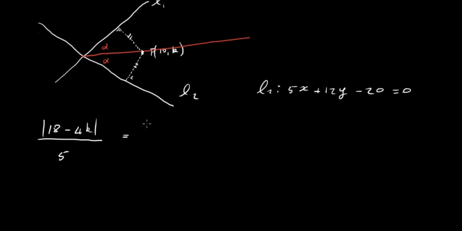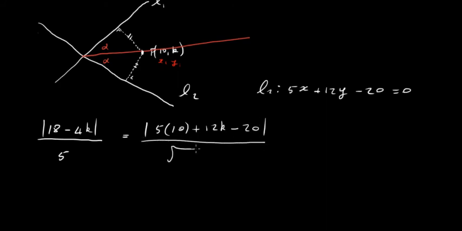So let's write that down. That's going to be the modulus of 5 times x1. Remember, this is still x1, y1 here. So it's going to be 5 times 10 plus 12 times our k, that's y1, minus 20, and all of that is now over the square root of our new a squared and b squared.